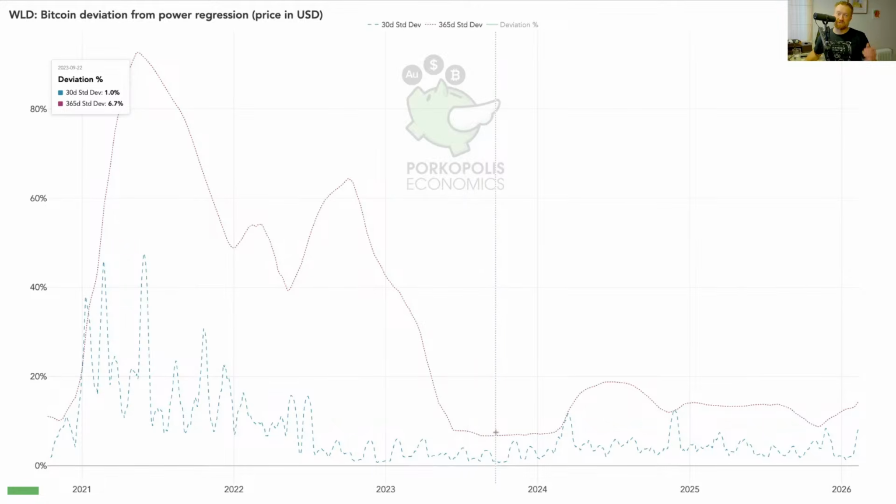So this means up or down 2/3 of the time, 7%, a little bit more now, on a yearly range. On a 30-day range, it can be less, so only 2 to 4%.